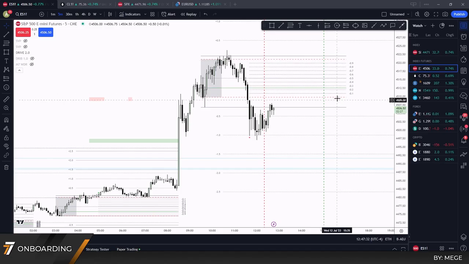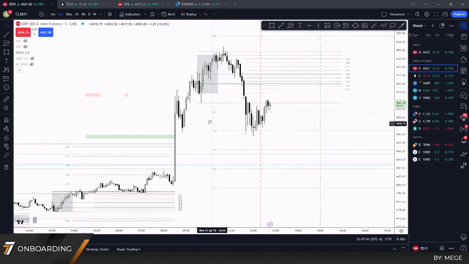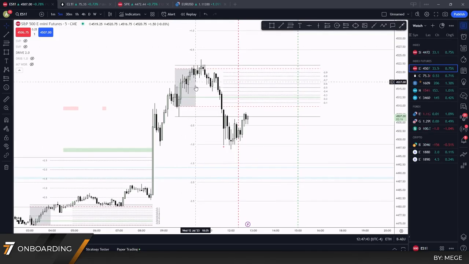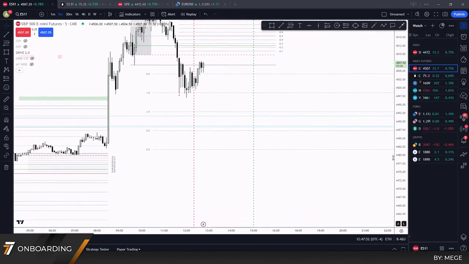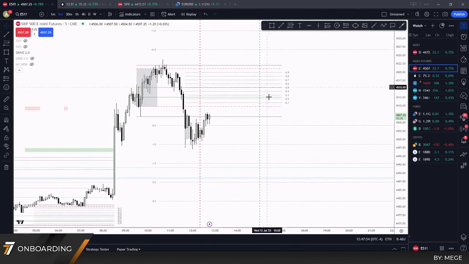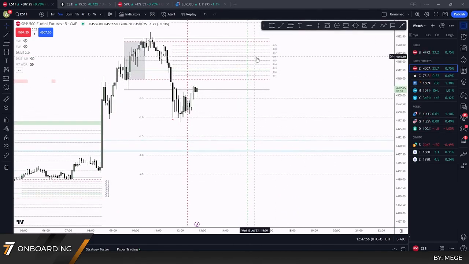And that's why everything is standardized; we are using standard deviations. Everything is in relation to the size of the IDR so that you can compare dates very far apart. And also when price is very different, when price was 1,000 points, a 10-point retracement will look different than a 10-point retracement here. So that's why we use SD lines.